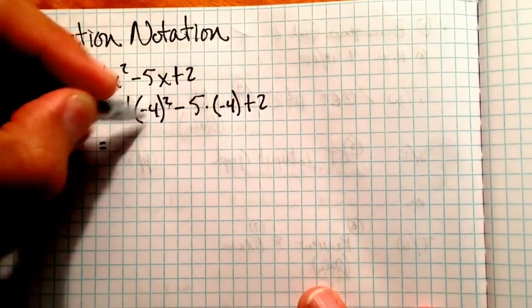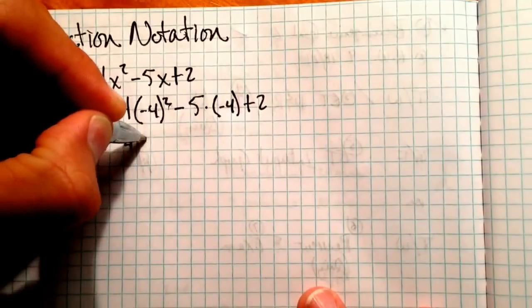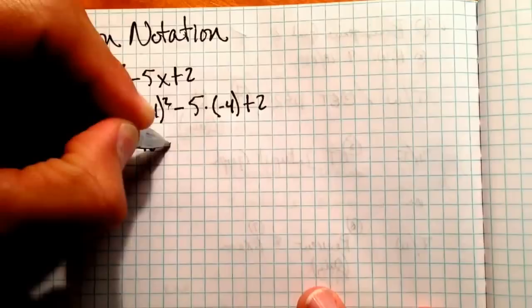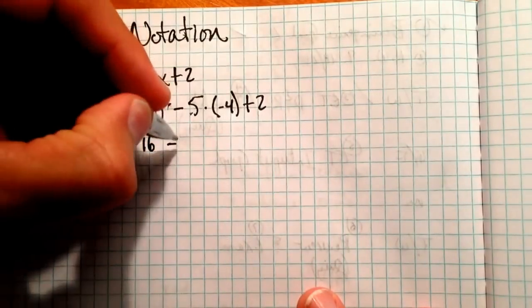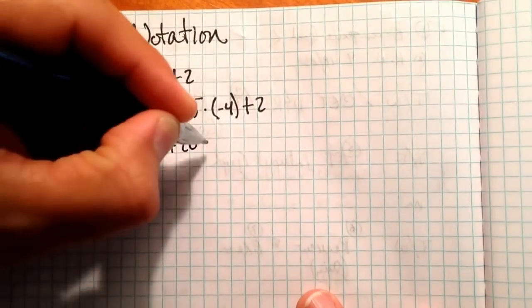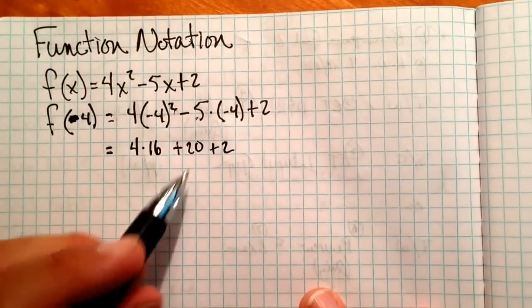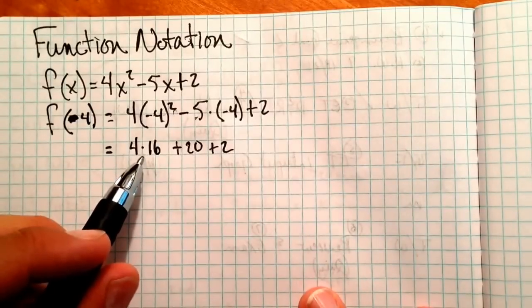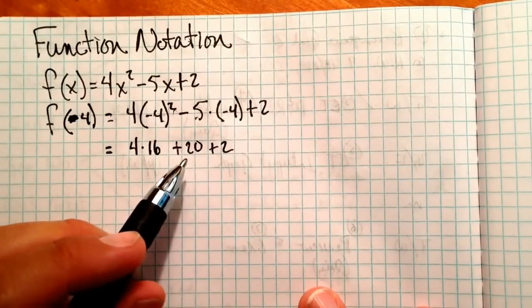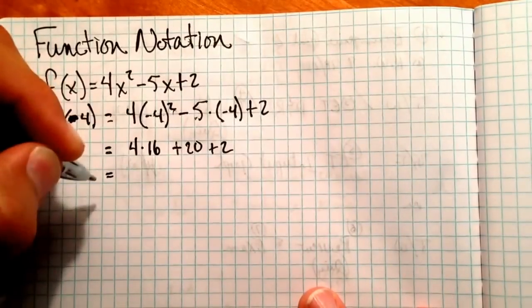So we can do that. Negative 4 times negative 4 is 16, so we have 4 times 16 minus negative 5 times negative 4, which is going to be positive 20. We have plus 2. Now we have 4 times 16 added to 20 added to 2. And we know that we need to multiply or divide before we add. So let's simplify this. 4 times 16.